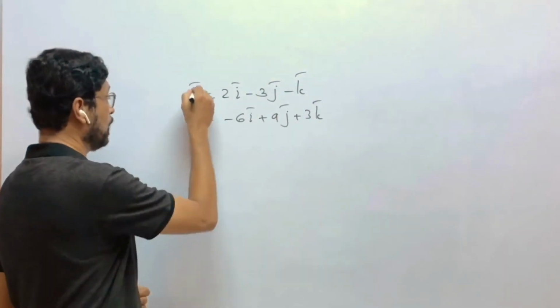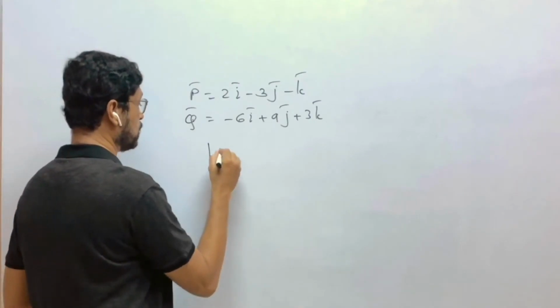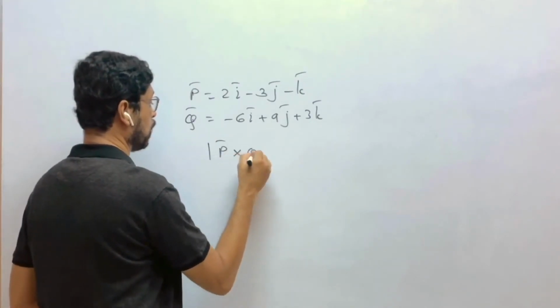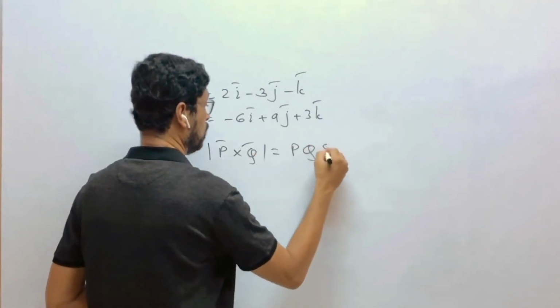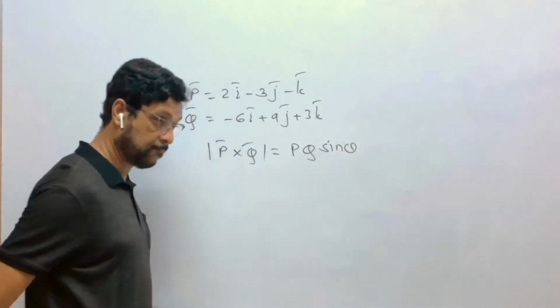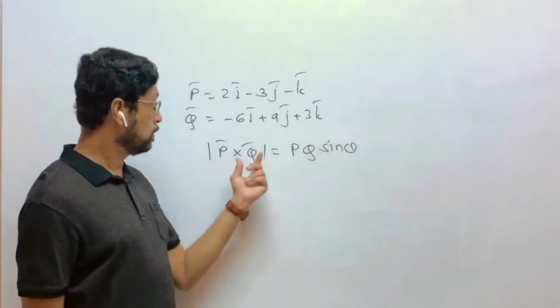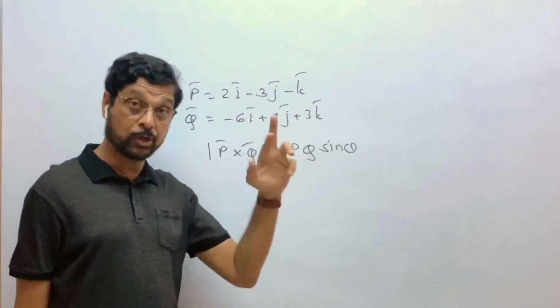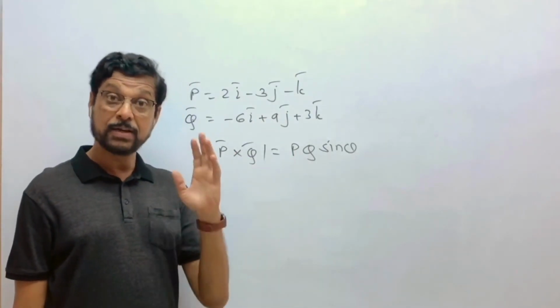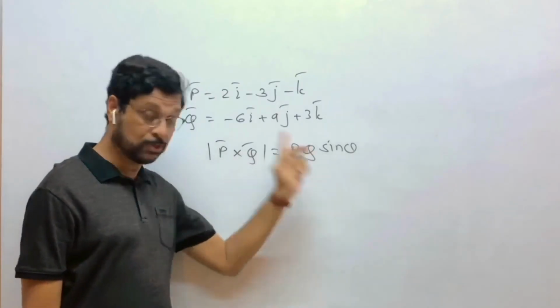So from the vector product of these two, first we'll take mod P cross Q, which will be equal to PQ sine theta. But since theta is not given directly, you'll have to take the actual cross product by using determinants. So you cannot use this here.